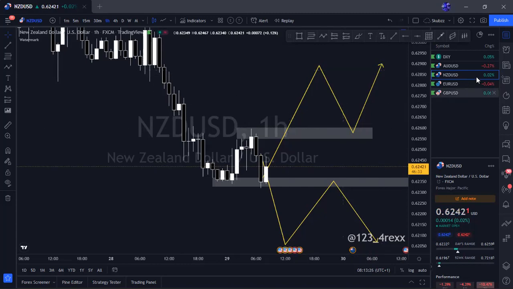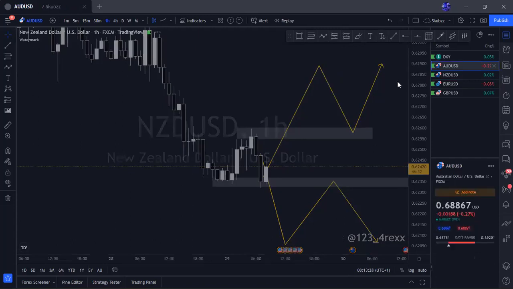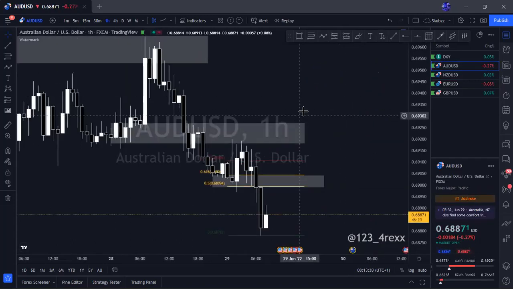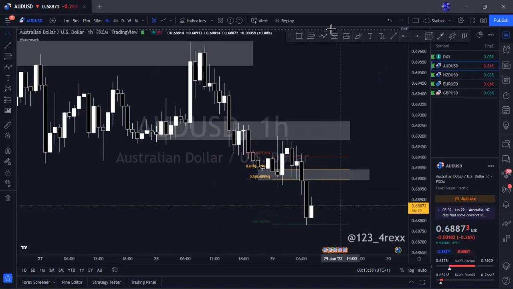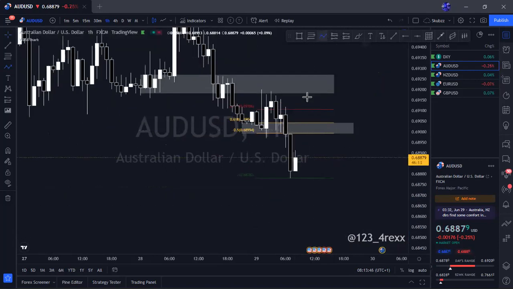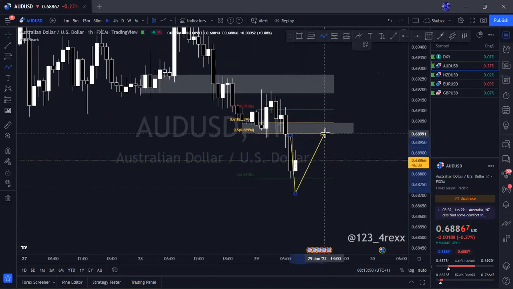Okay. Someone said I should take a look at AED USD. For now, I'm sitting out on AED USD until I see some proper formations, or maybe a small push to the downside, then a tap. But I'm actually expecting that whole push to the downside before we start seeing that retracement.